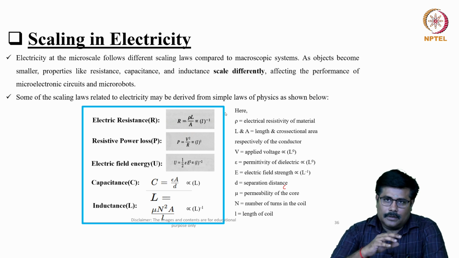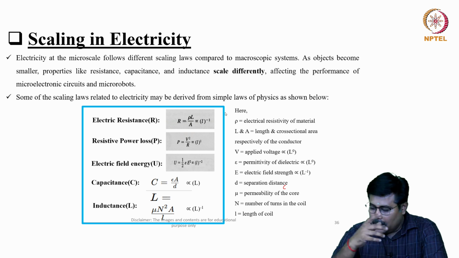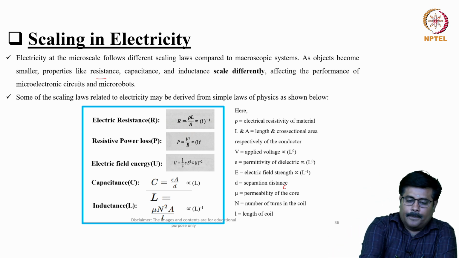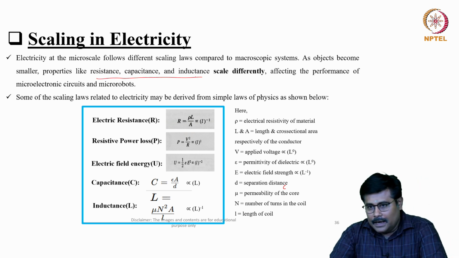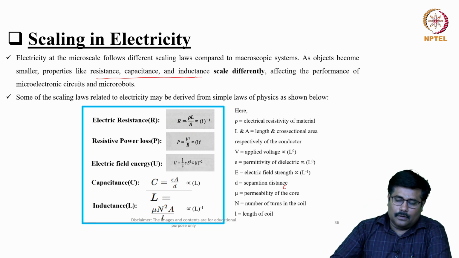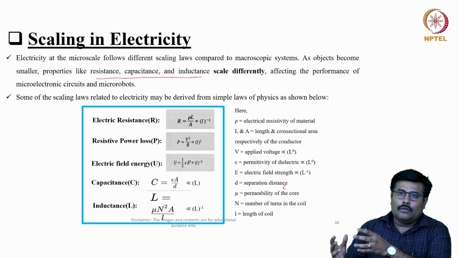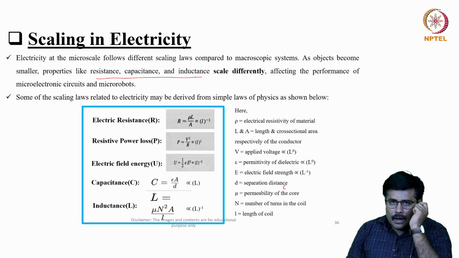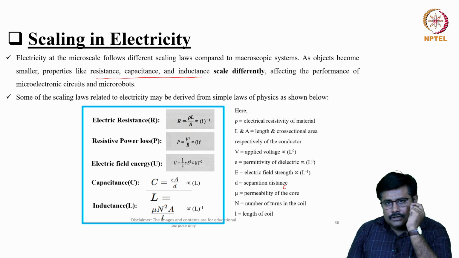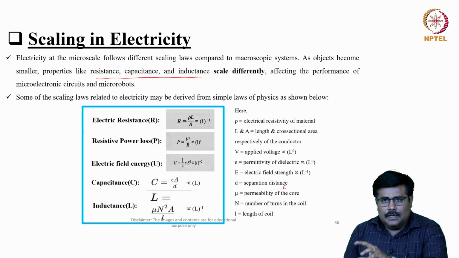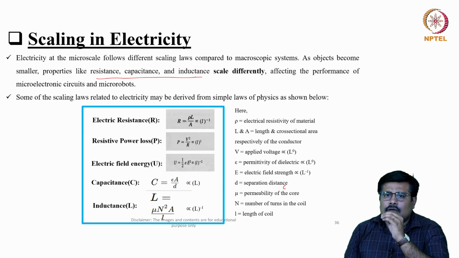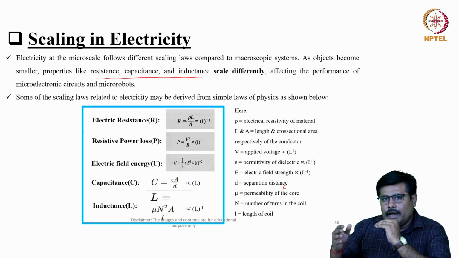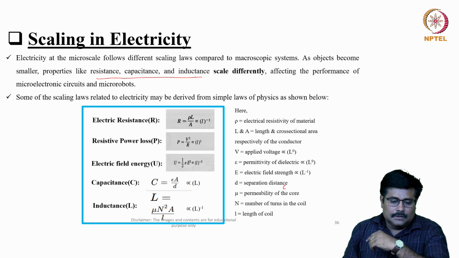As objects become smaller, properties like resistance, capacitance and inductance scale differently, which affects the performance of microelectronic circuits and micro robots. When we consider a micro robot, there is a need to have an electrical system, a kind of micro electrical pulse which needs to be integrated into the system, and this will be effective enough to create an appropriate micro propulsion system.